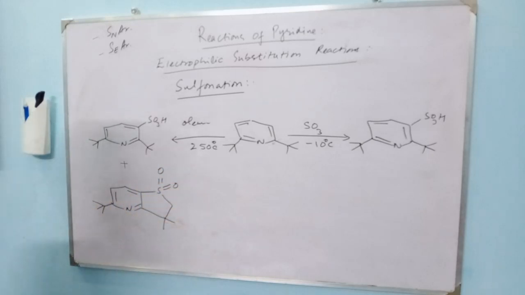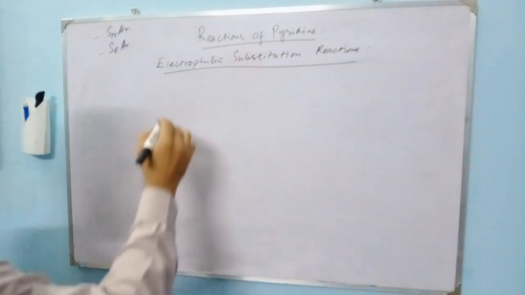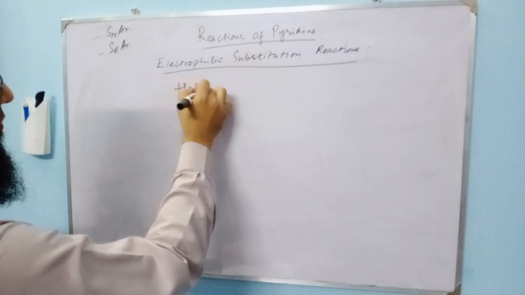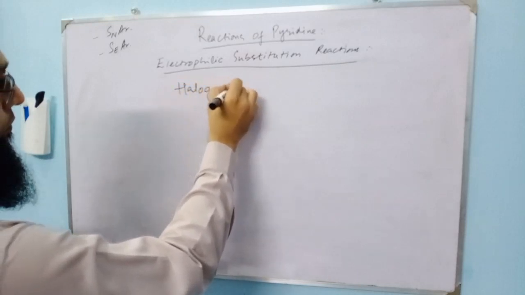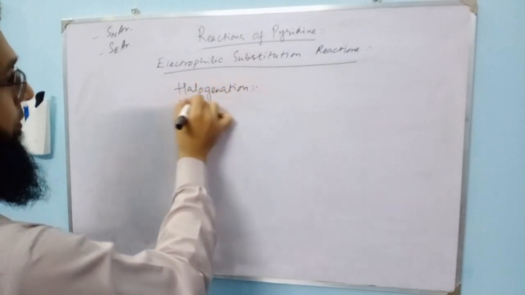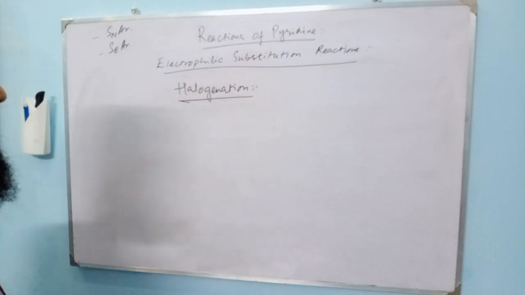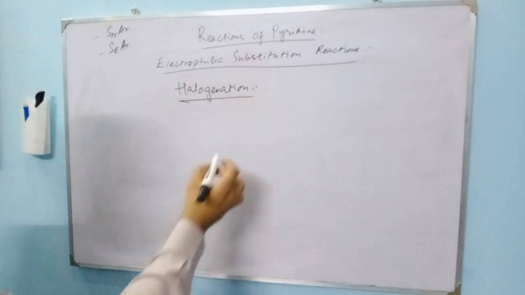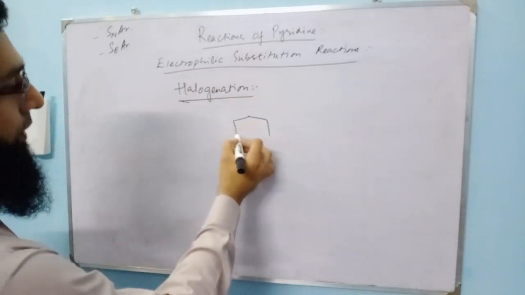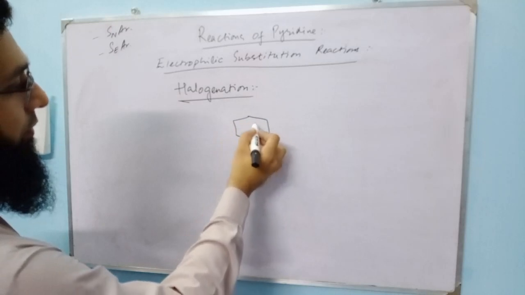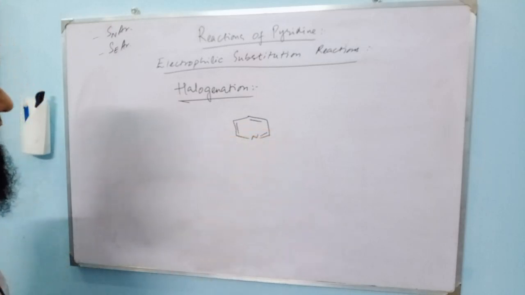So this is sulfonation, and now we see halogenation reaction. As we can see, the reactions of pyridine are very much related to temperature conditions.